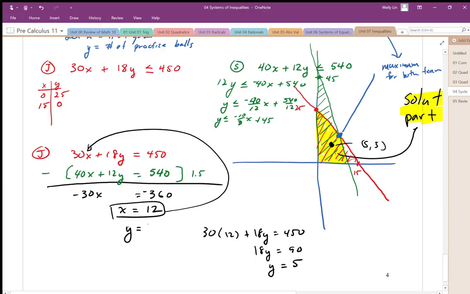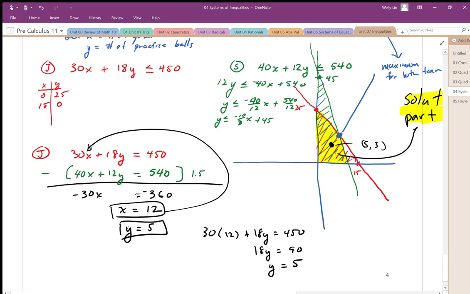So we're going to buy 12 game balls and 5 practice balls for both teams, and both teams would then be spending up to their allotted limit. So the junior team would spend $450 on their balls, and the senior team would end up spending $540 on their 12 game balls and 5 practice balls.